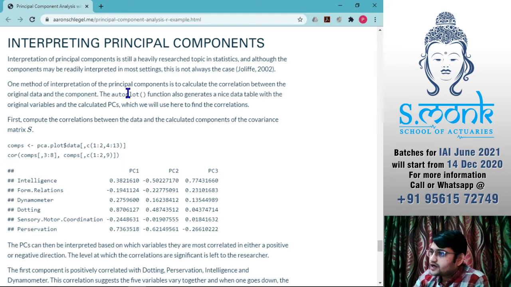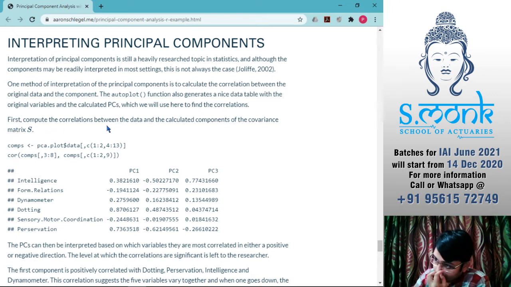One method of interpretation is to calculate the correlation between the original data and the component. The autoplot function also generates a nice data table with the original variables and the calculated principal components, which we will use here to find the correlations.